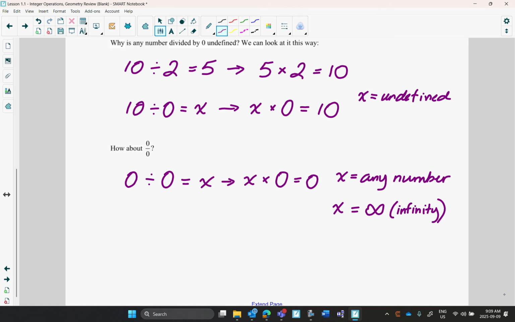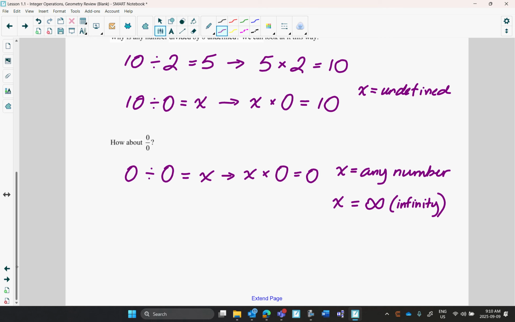So keep that in mind when you're dividing with 0. 0 divided by a number is 0, but you can't divide by 0. You can divide 0 by a number, but you can't divide by 0. Okay, I'm going to leave it at that. I know we only have a couple pages left.